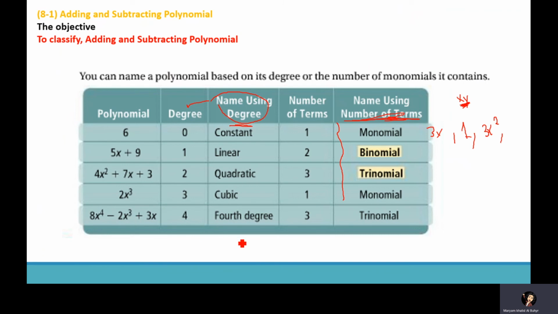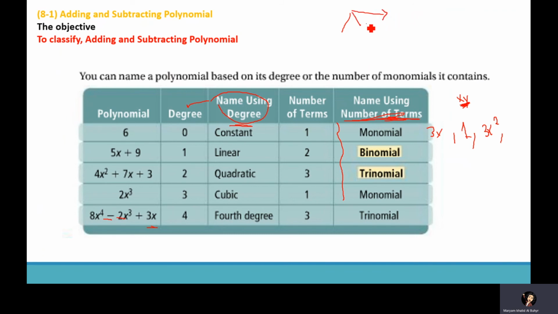If I have the 4th degree like this, it will also be named according to the terms. This is the 4th degree, but because I have 3 terms, I will call it a trinomial. So the only new thing you need to know for classifying by terms is only 3 things.